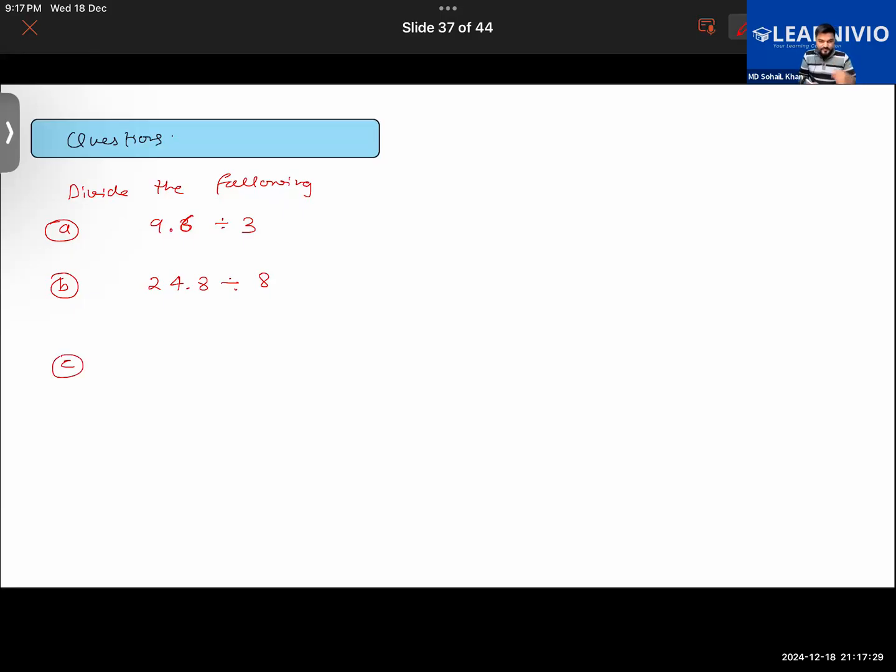Question number C, we'll be dividing 68.5 by 5. Divide these numbers first. These are all divisions of decimals by a whole number.